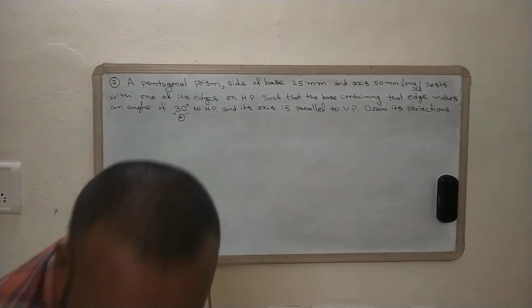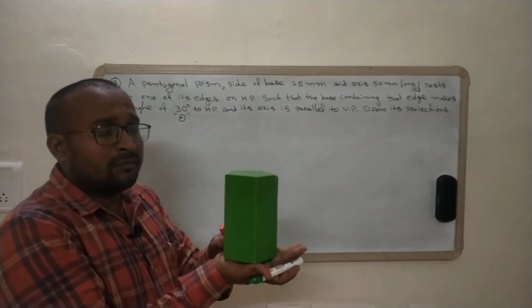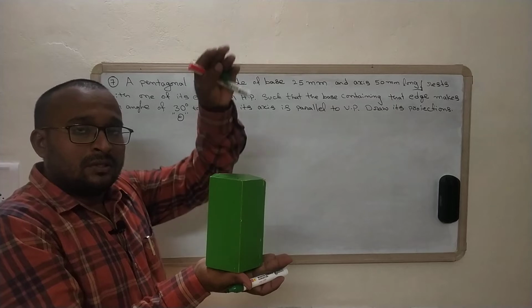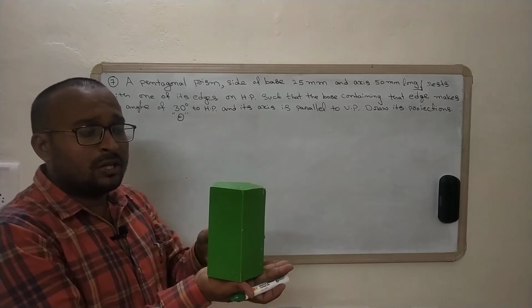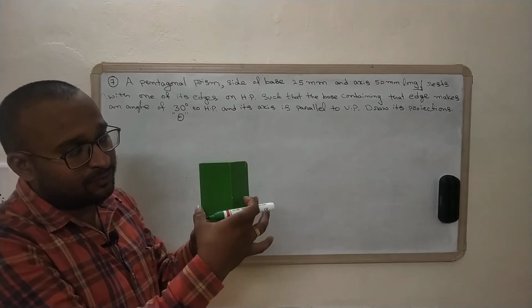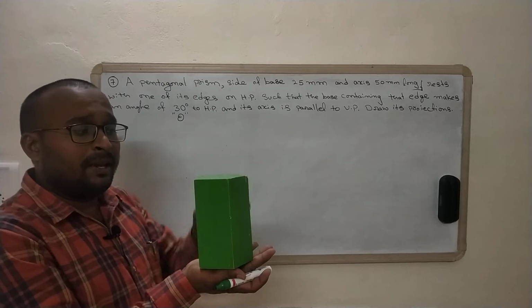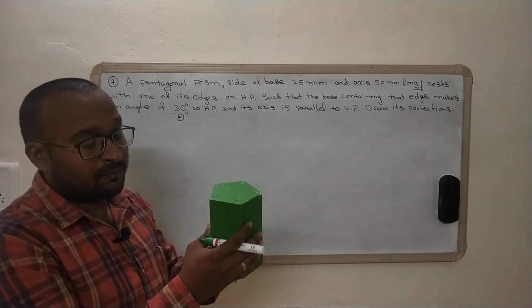When we are solving these, we definitely must start with the top view, because in the front view we don't know the exact length of this particular diagonal. So the first step will be the top view.